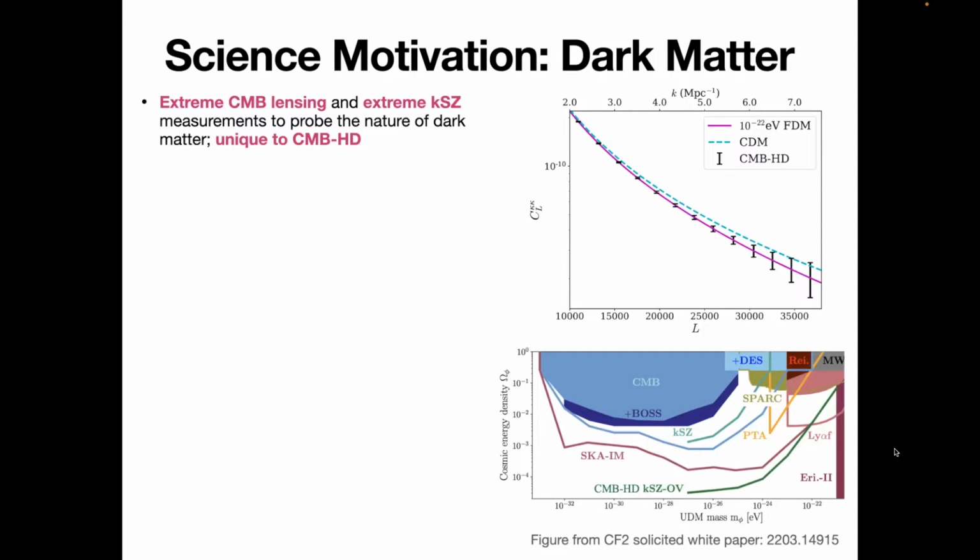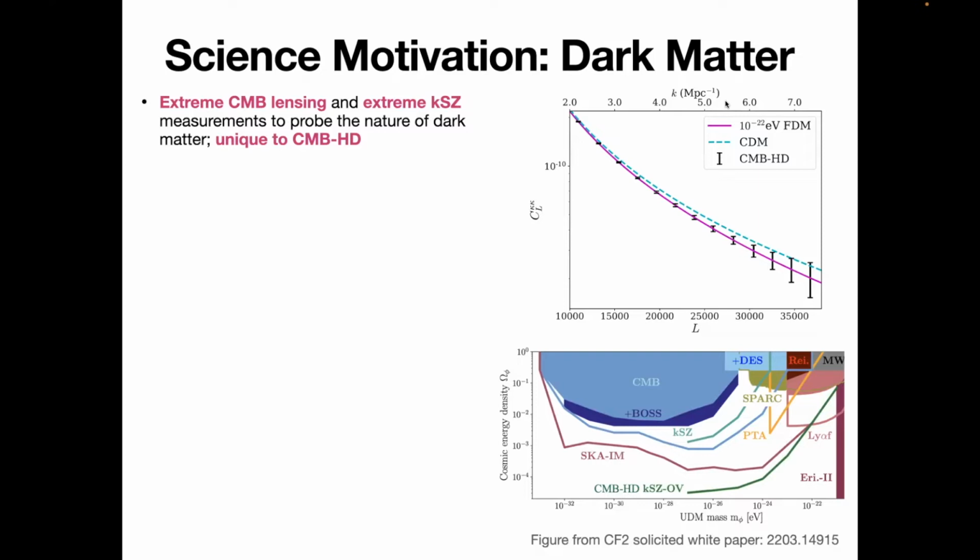In terms of multipoles, you may be familiar with this CMB lensing power spectrum, but what may be new to you is that these multipoles are an order of magnitude larger than you're used to. You might think of multipoles of 3,000, we're talking about 30,000. And so this will probe scales of k to like 7 inverse megaparsec.